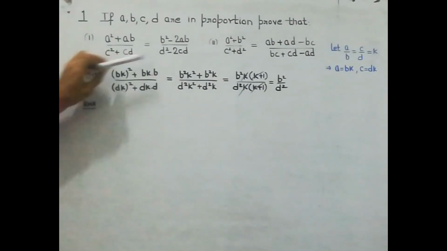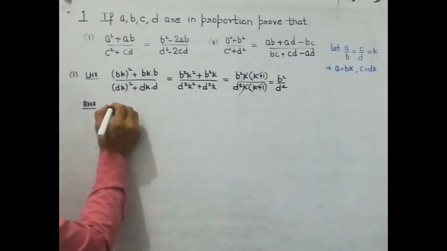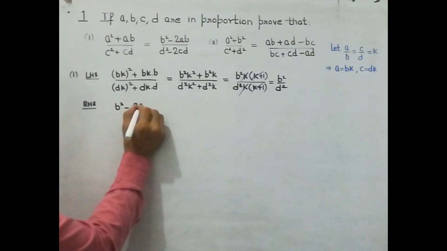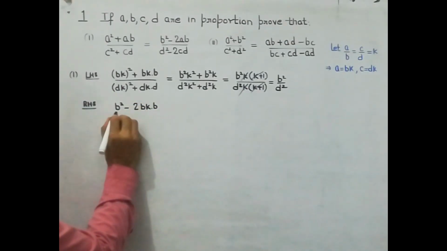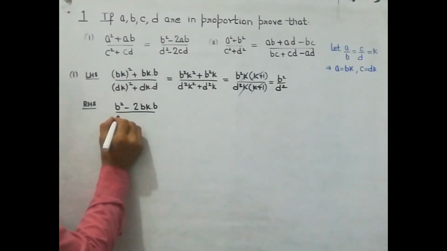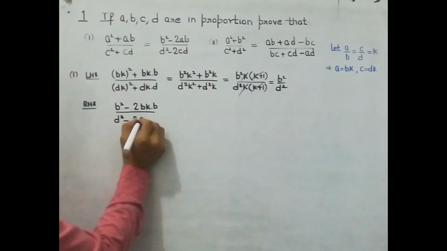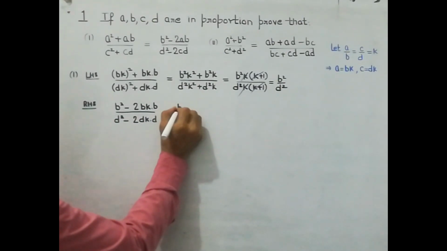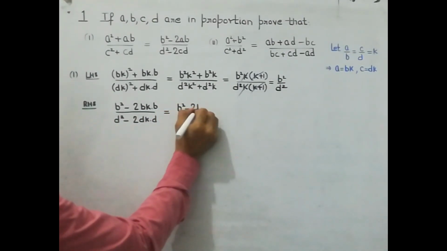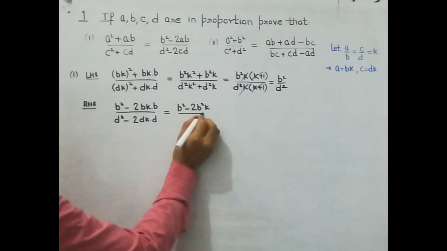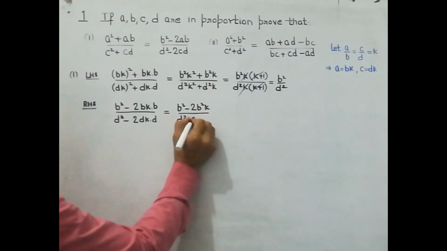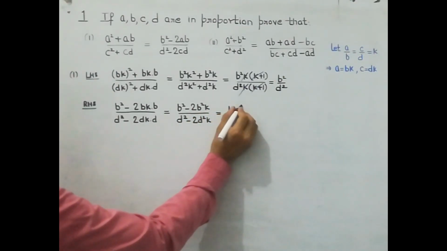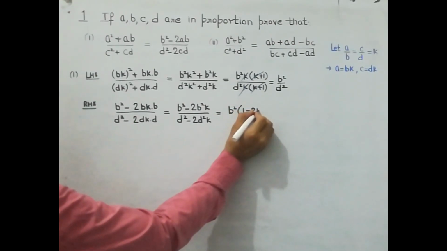Here we have B square first of all, then minus 2 A will be replaced by BK into B upon, in the denominator place, we have D square minus twice BK into D. So here we are getting B square minus 2B square K upon D square minus 2D square K. If we take B square common, you are left with 1 minus 2K.